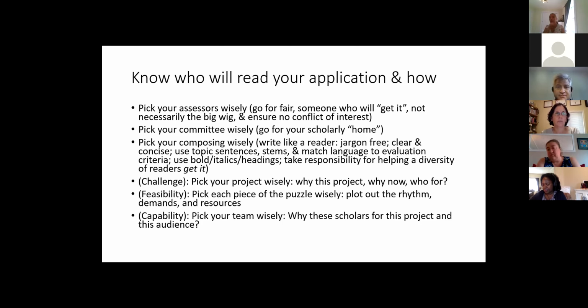And then you want to cross-check and actually match that up. You can do that in a nice little table in your budget justification. That shows that you know what you're doing, that you're not just asking for things willy-nilly, but that this is extremely planful.